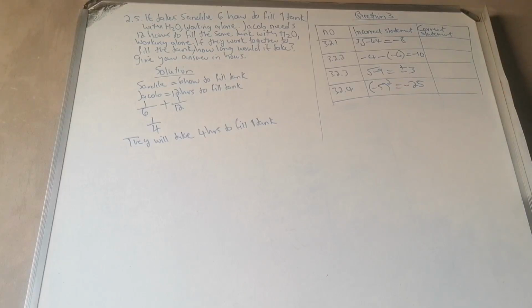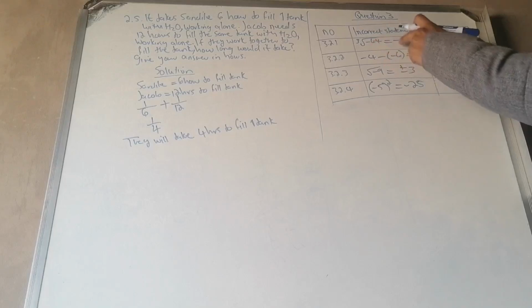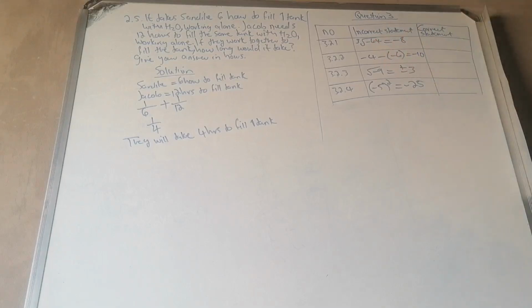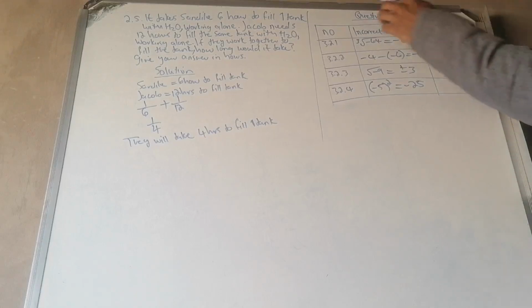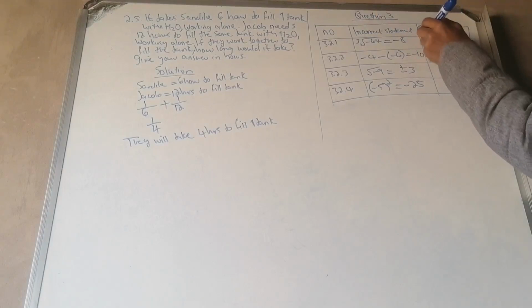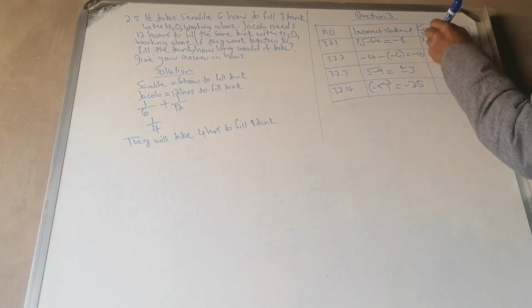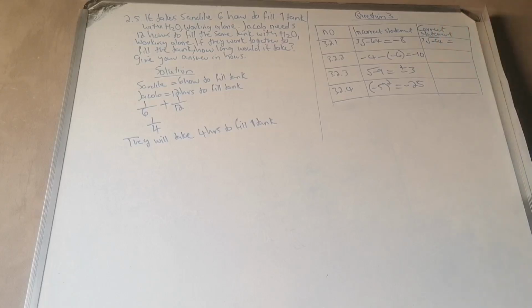Now, I calculated. The cube root of negative 64 is not negative 8. Write down the correct version of each statement. The cube root of negative 64 equals what?